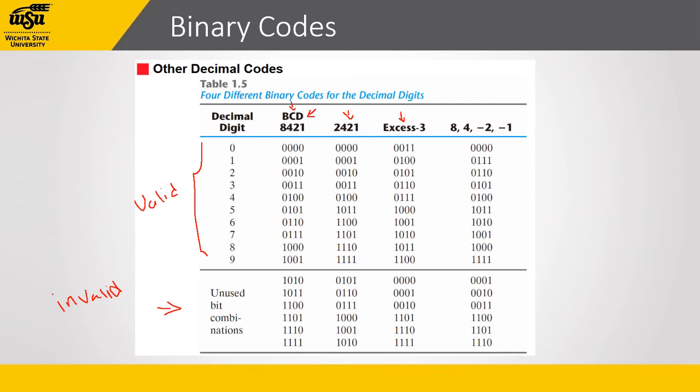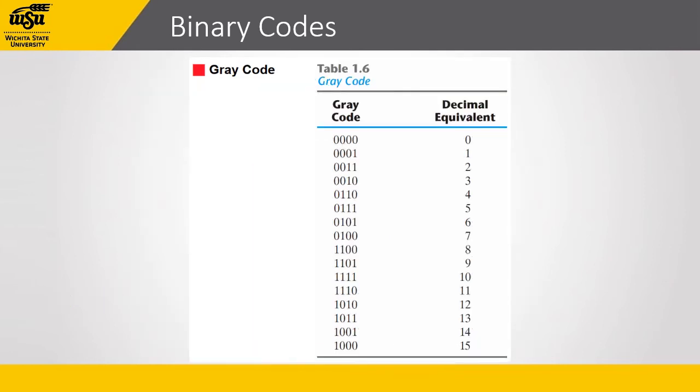For BCD, if you remember, we would add 6 or 0, 1, 1, 0 to convert it back to a valid BCD digit. Gray code is another form of binary codes, which has the range of 0 to 15.